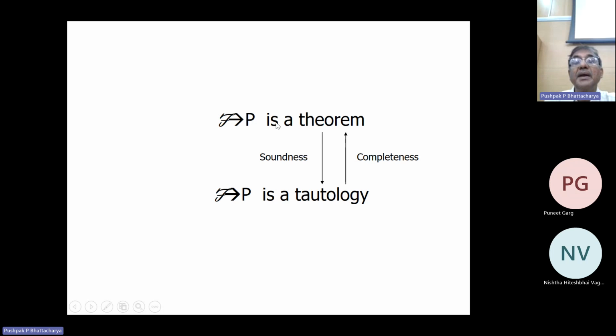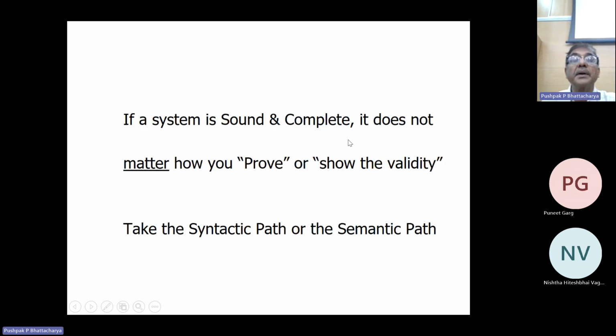Gothic F implies P is a theorem. Gothic F implies P is a tautology. Theorem to tautology is soundness. Tautology to theorem is completeness. If a system is sound and complete, it does not matter how you prove or show the validity.